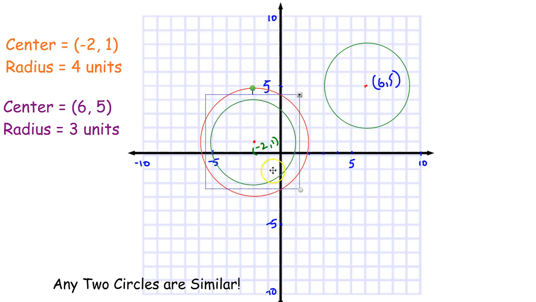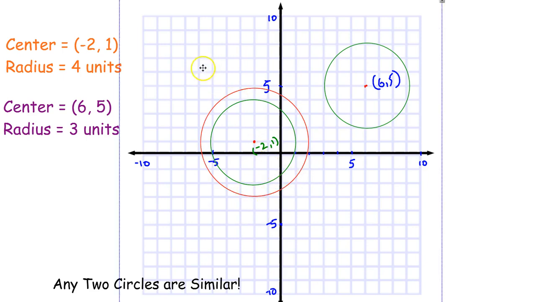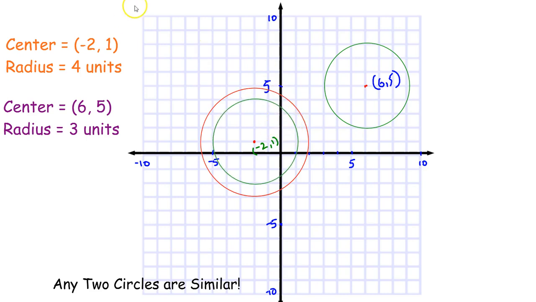So it is a round figure satisfying the same definition: a set of all the points equidistant from a fixed point. Even if you draw one more circle, it will also have the same shape. The shapes of the circles will continue to be the same. That's why we can say that any two circles are similar, irrespective of the radius.